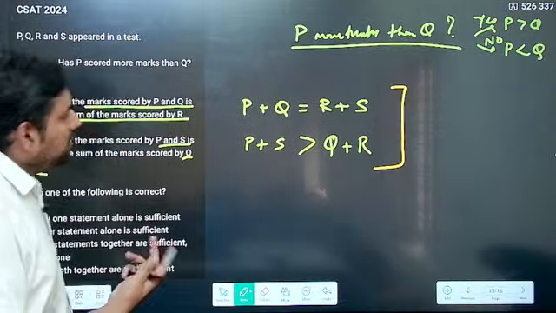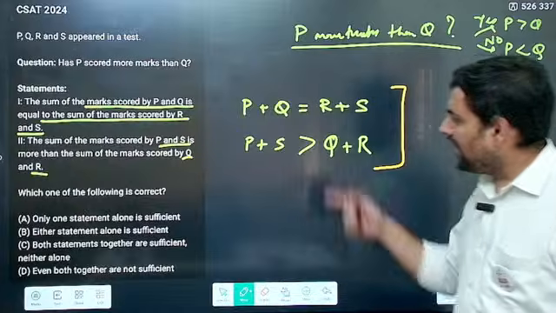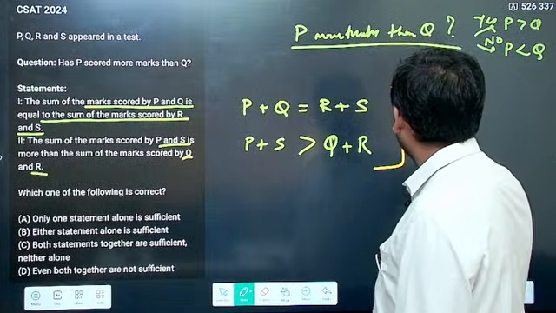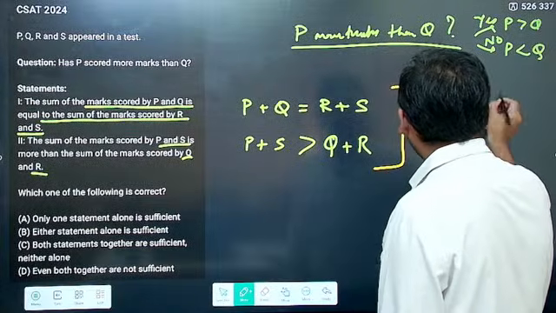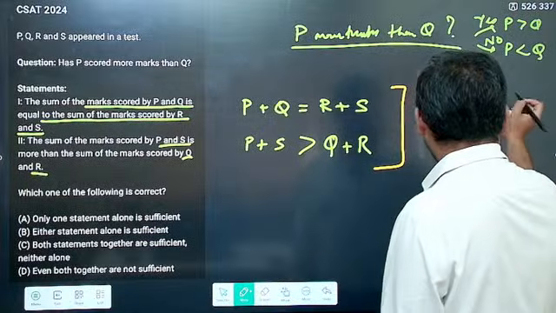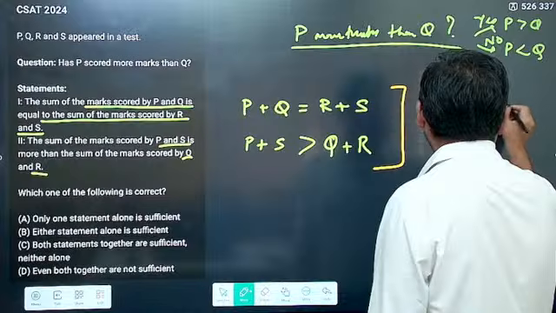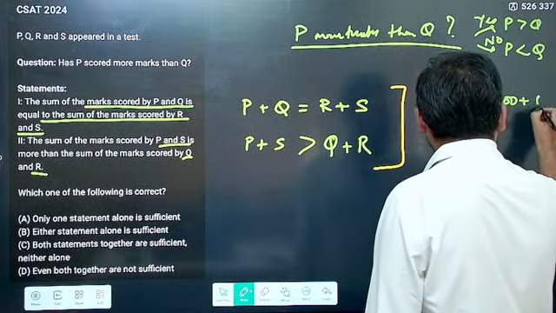Now, let's take an example. I take P very small. So let's say P is 1. Then I am taking Q as 100. I am taking R as, let's say, 100 as well, and I take S as 1.